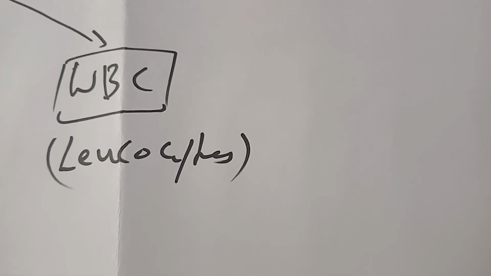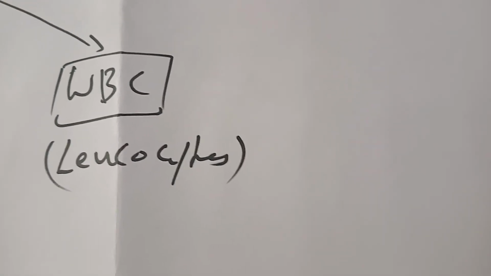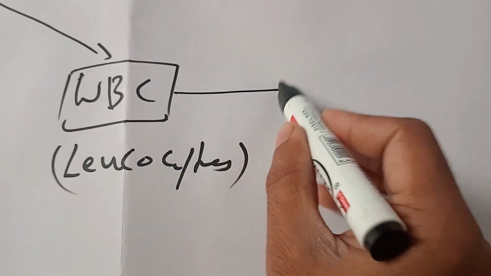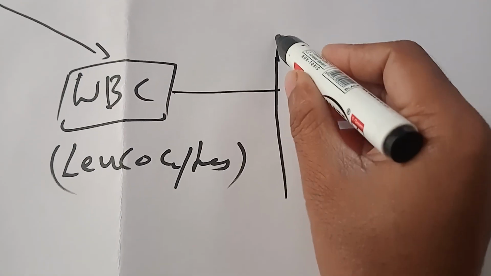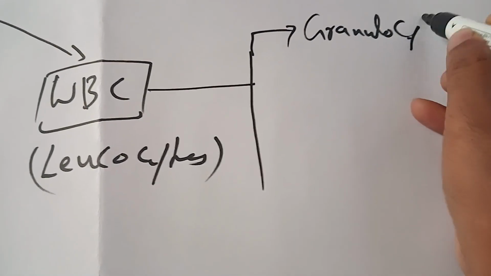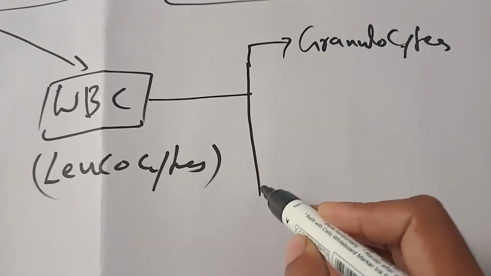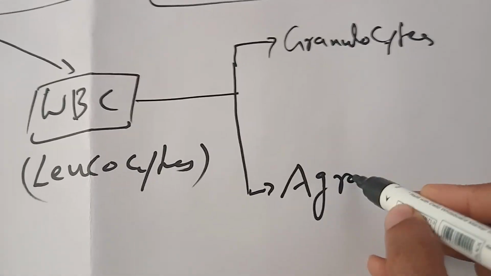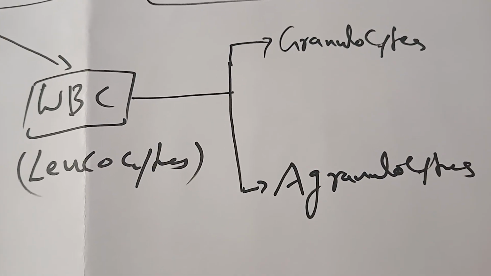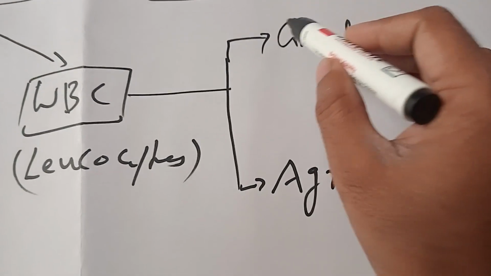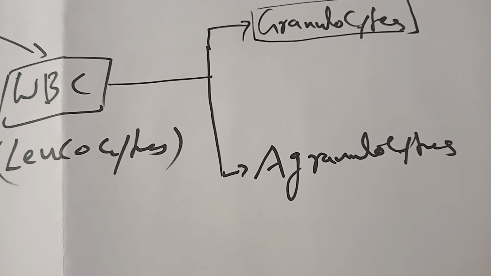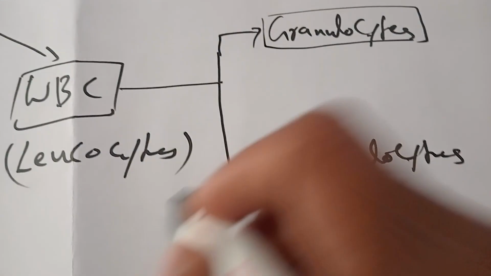Now, types of white blood cells. There are two types of white blood cells: granulocytes and agranulocytes. Granulocytes have granule-like structures on the cell.